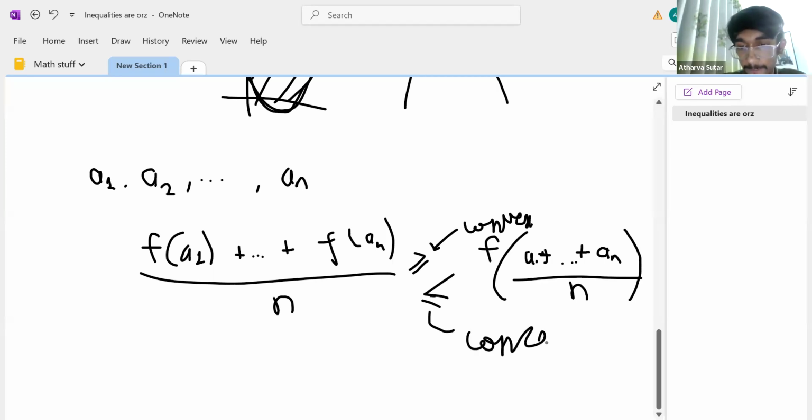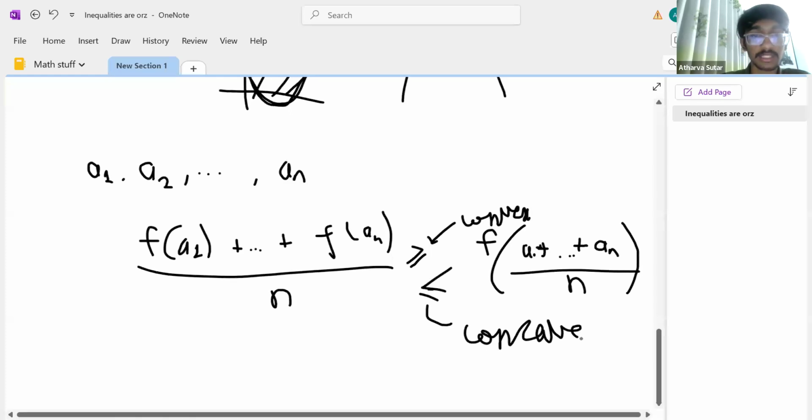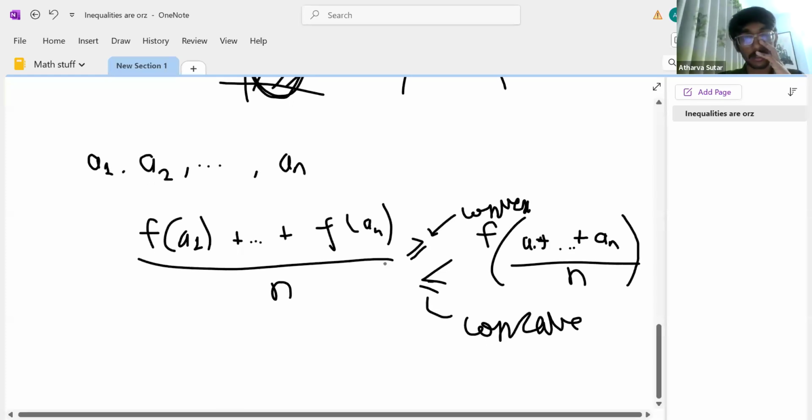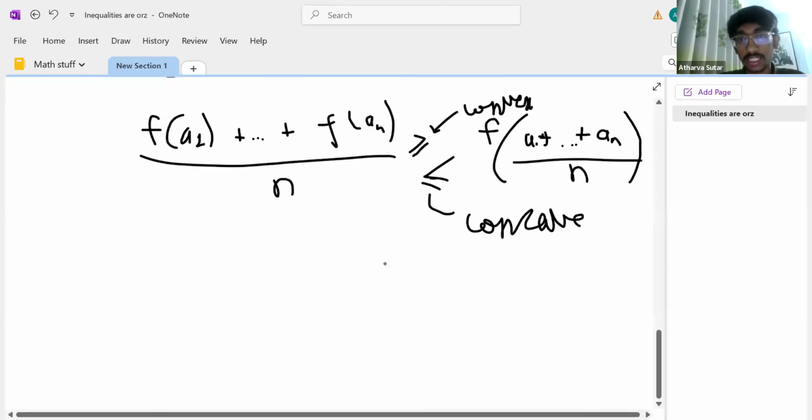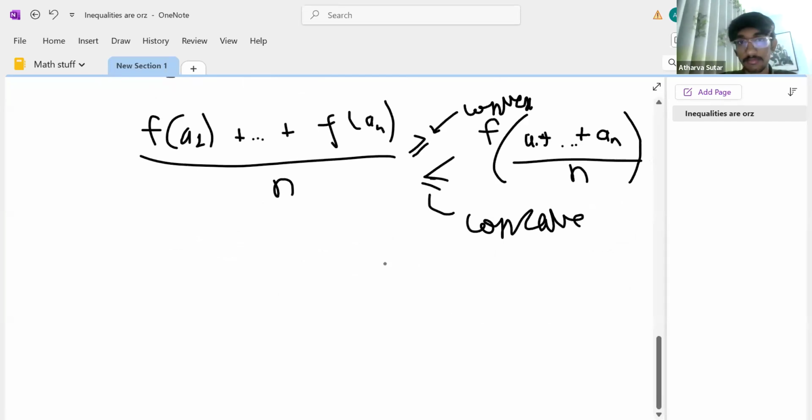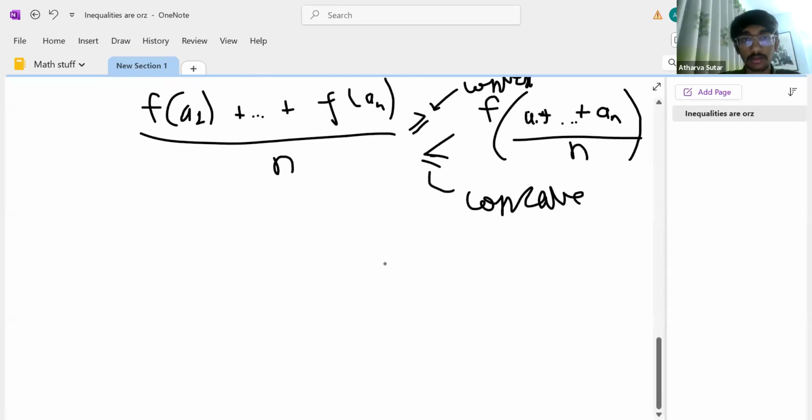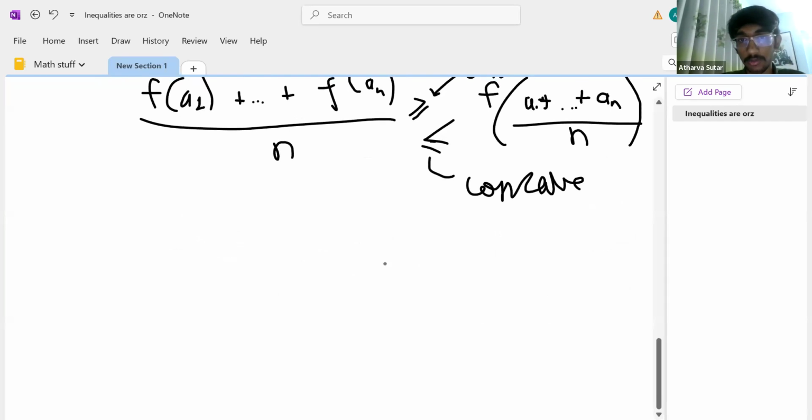Okay, so now another thing about these functions: assume you have an inequality where the function is defined only on positive reals. So the variables in the inequality have a condition on them.